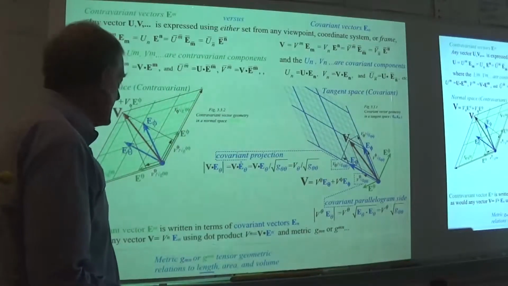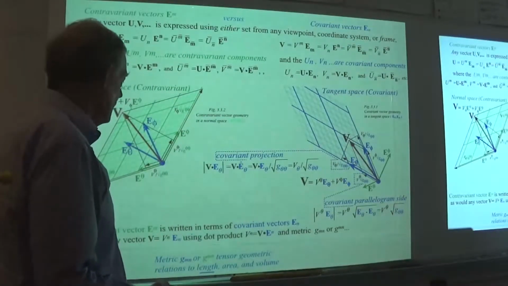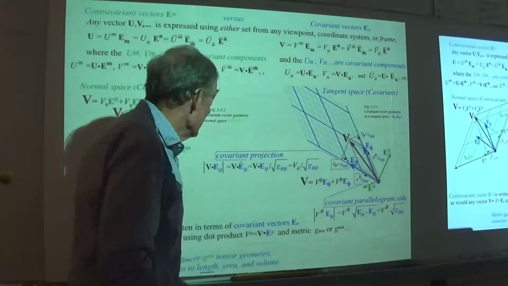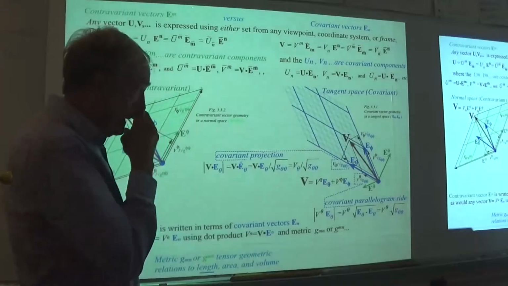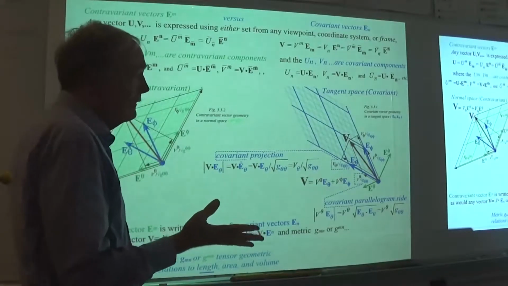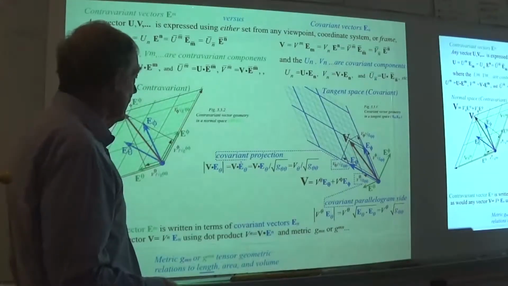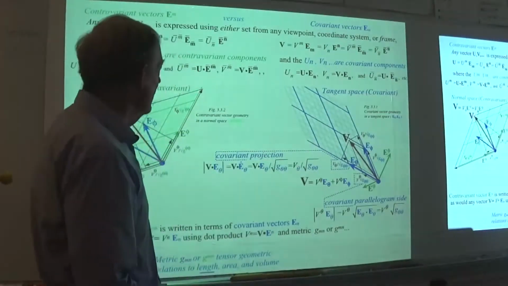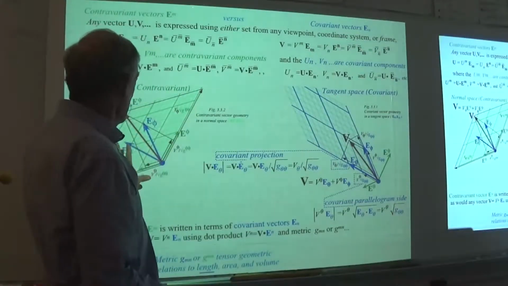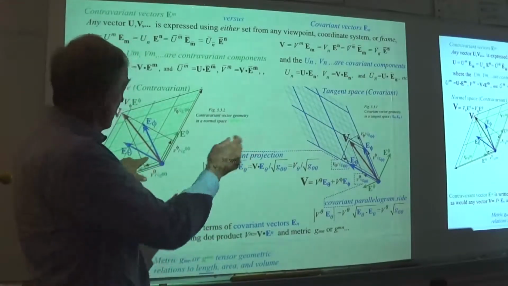Okay. Now, the other thing that's important here is a contravariant vector can be written in terms of covariant vectors. That always has to be the case. That is, these are all sitting on the same whiteboard here. There are the contravariants that we were just working with.